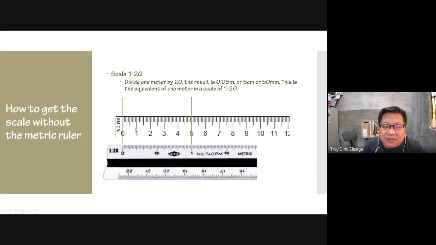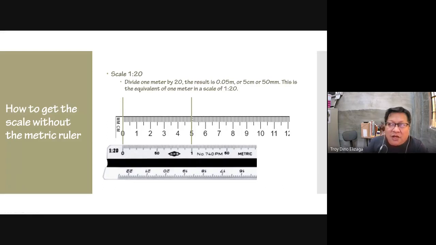This one here is 1 centimeter, 2 centimeters, 3, etc. But if I divide 1 meter or 100 centimeters by 20, we get 5 centimeters or 0.05 meters. But let's stick to centimeters. So this 5 centimeters is your 1 meter in a scale of 1 is to 20.